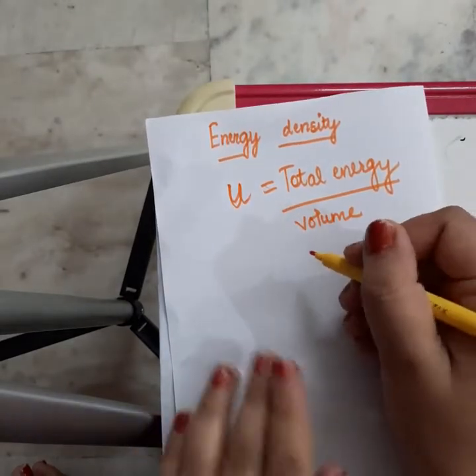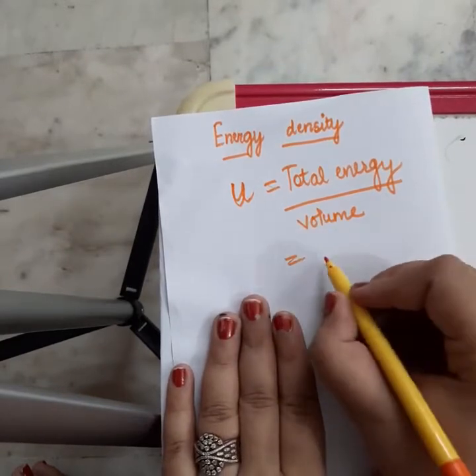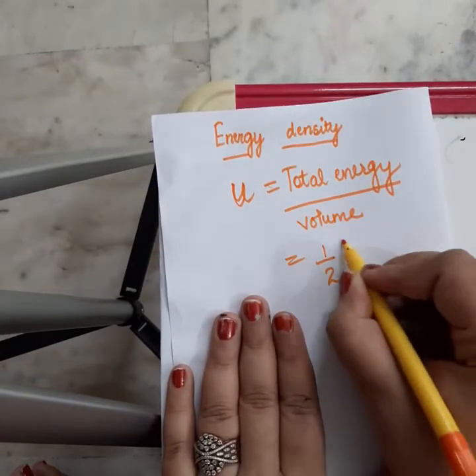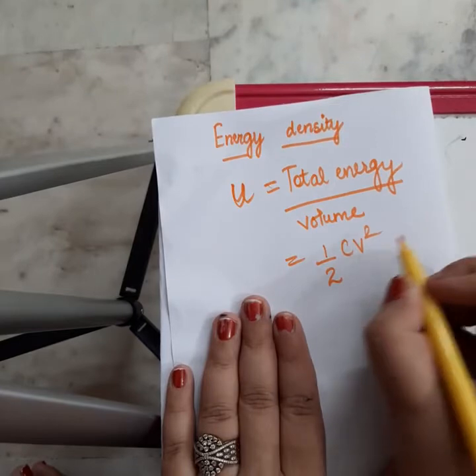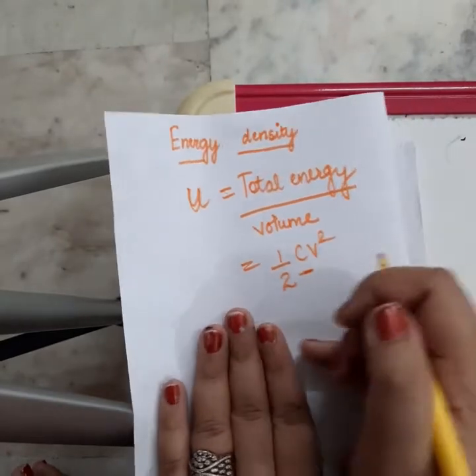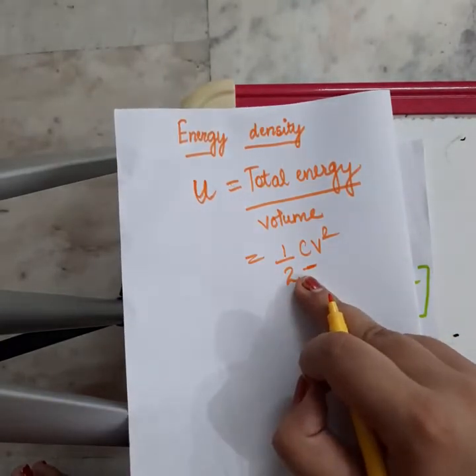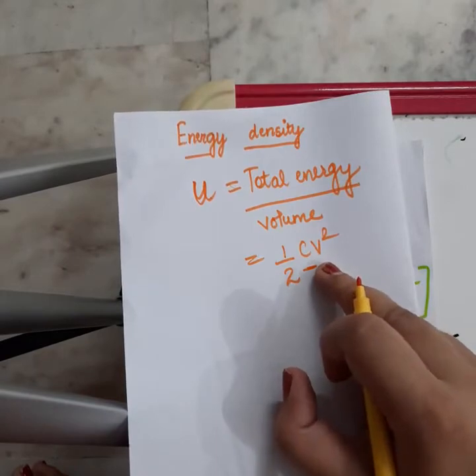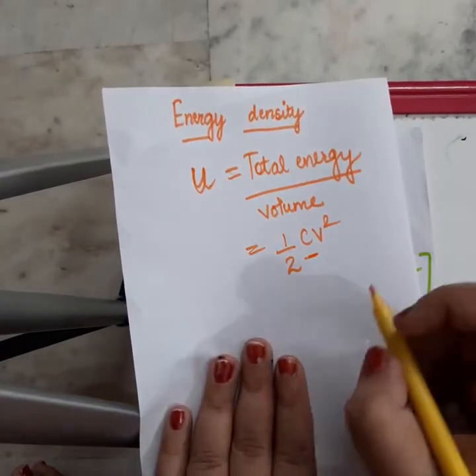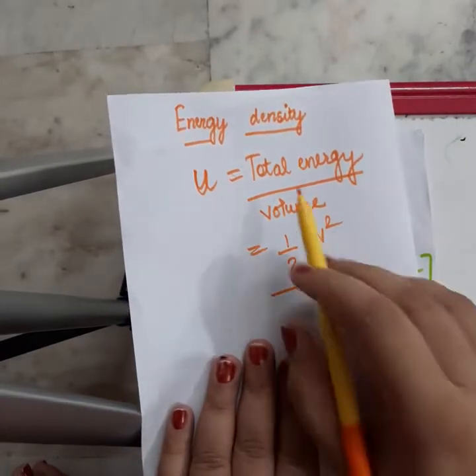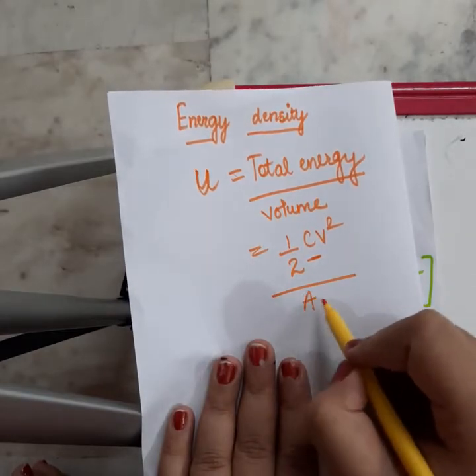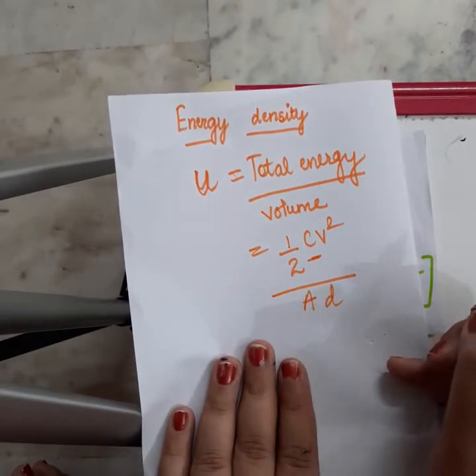Now we know that total energy can be written as 1 upon 2 C V square, where C refers to the overall capacitance of the capacitor and V refers to the potential difference of the capacitor. And now the volume will be equal to area of cross section into distance of separation.